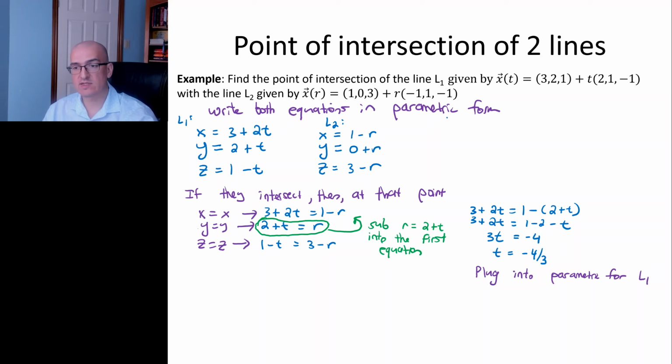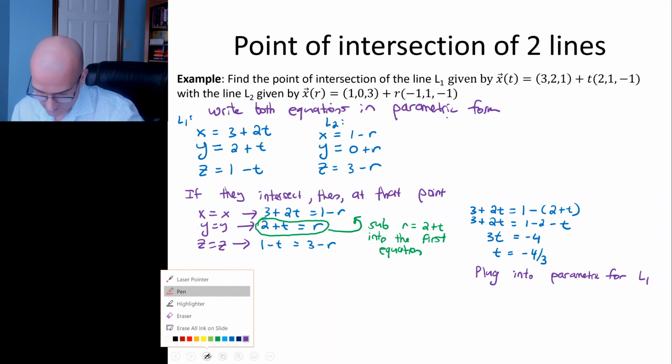It only is the value of the parameter for that first line. The second line will have a different r value. They'll have the same coordinate at that r value. That's the whole point, to find where they intersect, but it'll have a different parameter. Just make sure that you put the parameter into the right equation. It's not a choice. You have to do the right one.